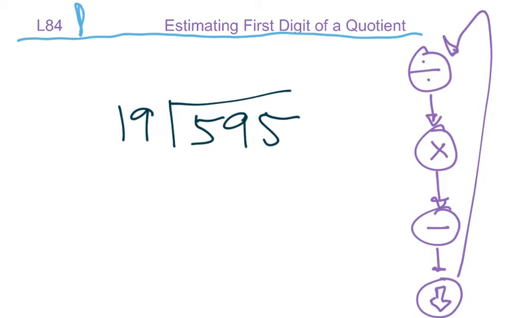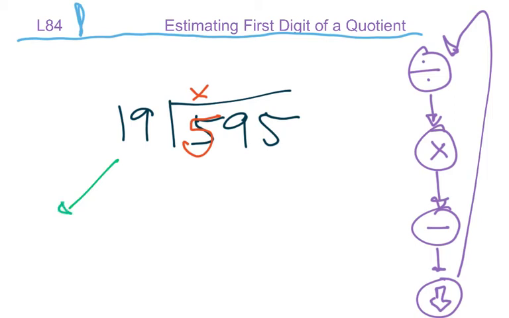First, focusing on this digit of the 5 and just simply asking ourselves, 19 goes into 5 how many times? And we know that it doesn't, and this is where we're generally taught to put a little X as a kind of a marker there. Then we continue to widen out that thing, right? So we first focused on the 5 and we asked ourselves that question. Now we're going to widen it out to include the 9.